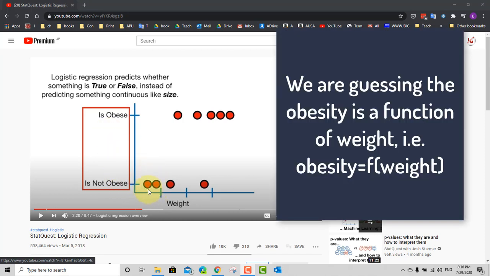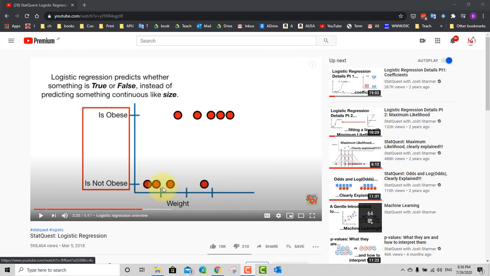We're going to have some mice with very low weights, and this mouse has a very low weight, but it's not obese. And this also has a low weight, it's not obese. This has a low weight, it's not obese, but this one has a fairly low weight, this mouse here, but even though the weight is pretty low, still it's obese. And this one has a slightly higher weight, but it's not obese.